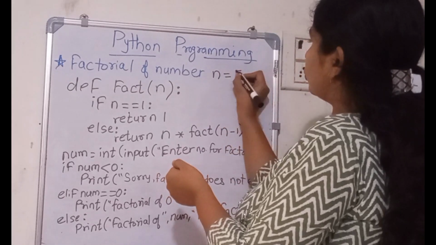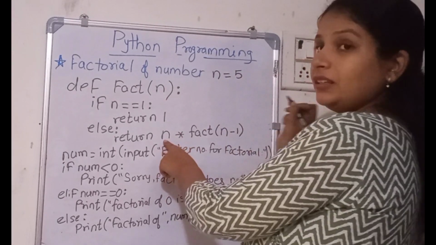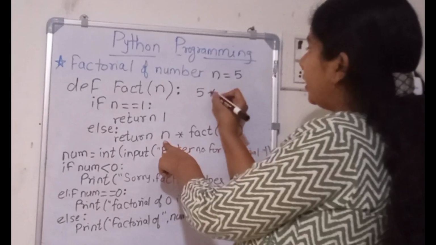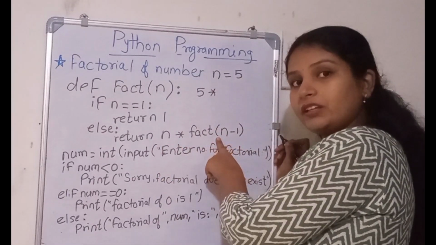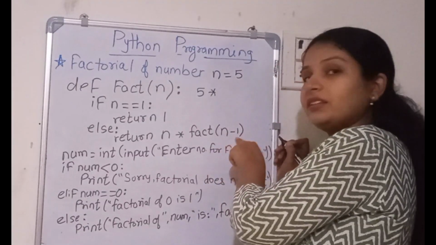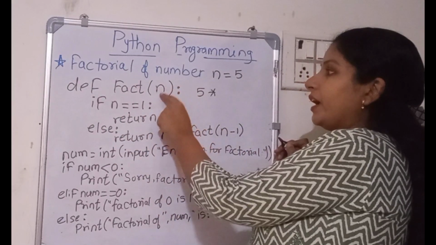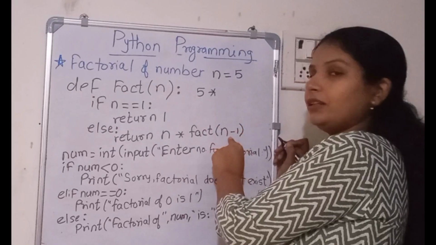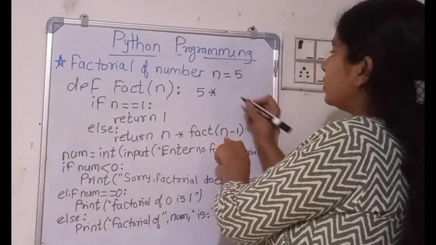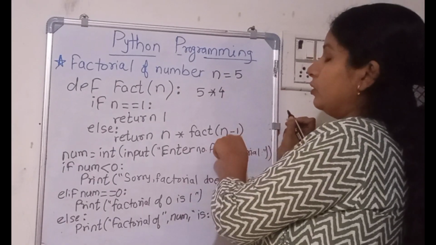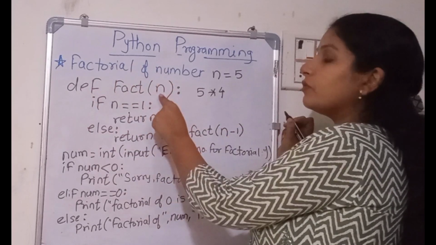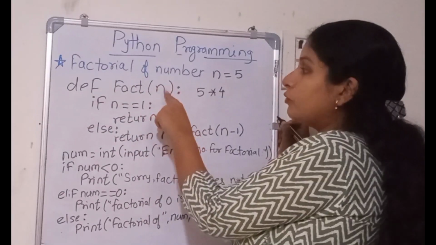n is equal to 5. So n, 5, into, again you are calling the fact function with n minus 1 value. So fact here, and your n value will be changed by n minus 1. n minus 1 is 4. 4 factorial. So here again you are calling the function for 4.